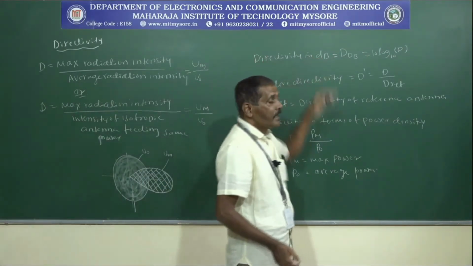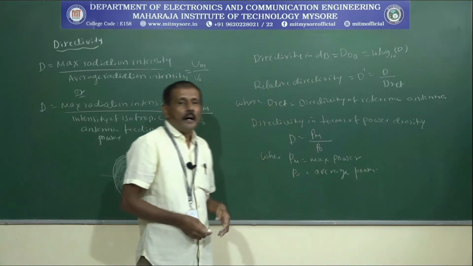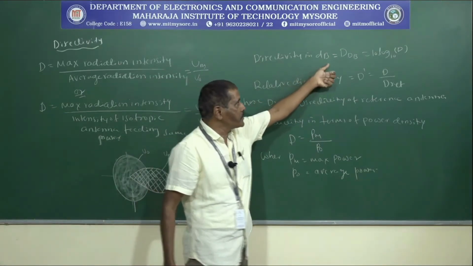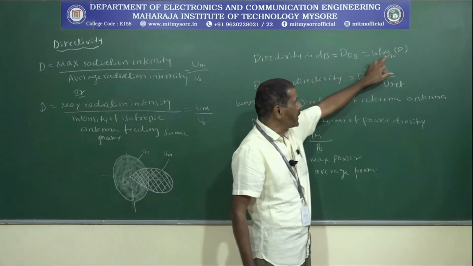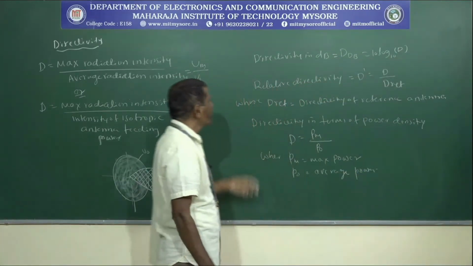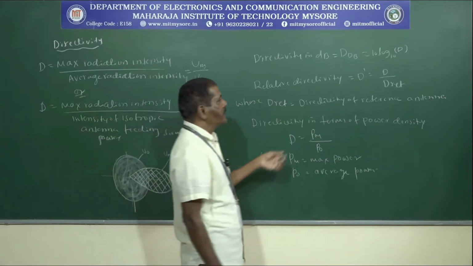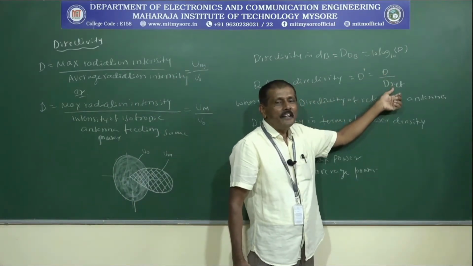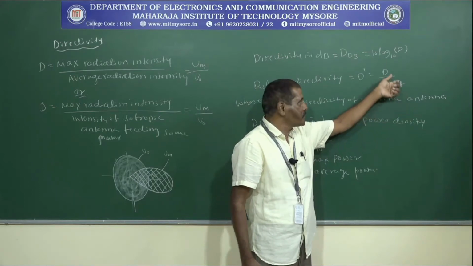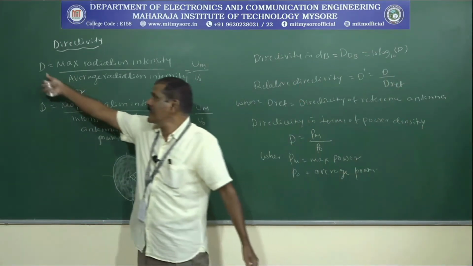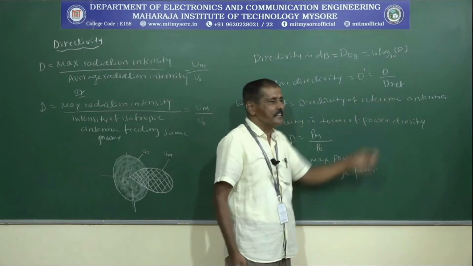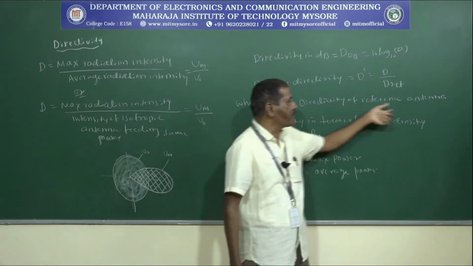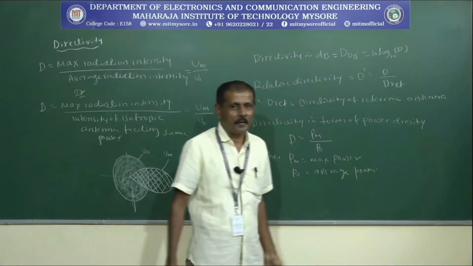Directivity is expressed in dB. Directivity in dB is D of dB equal to 10 log 10 of D, and relative directivity D dash is equal to D divided by D reference, where D reference is the directivity of a reference antenna.